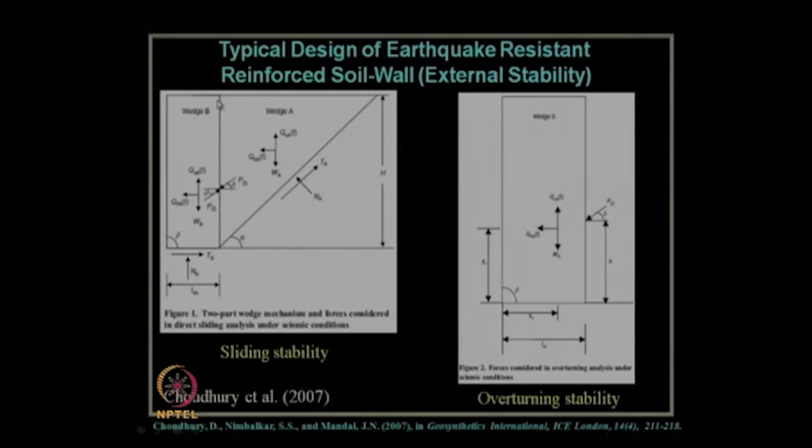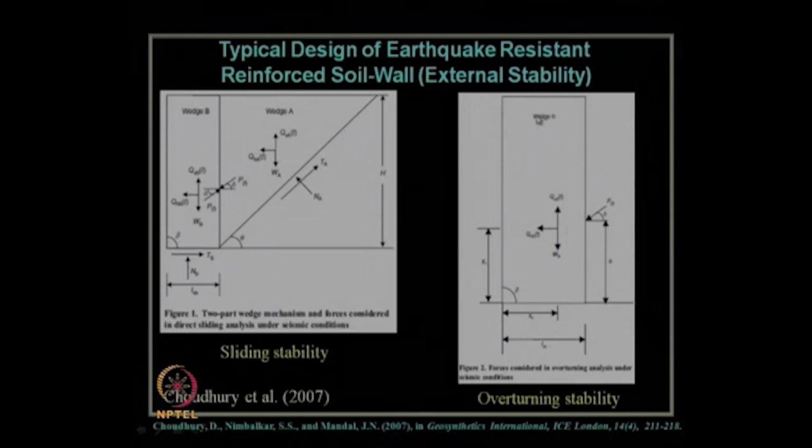You can see in our analysis, we considered a two wedge failure mechanism, that is, there will be a facing material over here, and this entire wedge A and wedge B is the entire zone of reinforcement, soil reinforcement. So, these are the seismic inertia forces in wedge A, which is triangular in nature, and wedge B, which is rectangular in nature, and considering the pseudodynamic approach, we calculated the stability in terms of sliding for this picture.